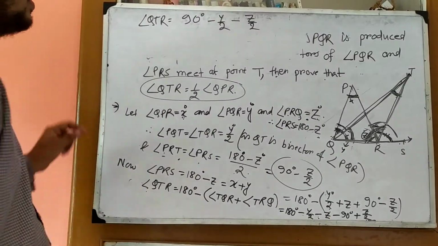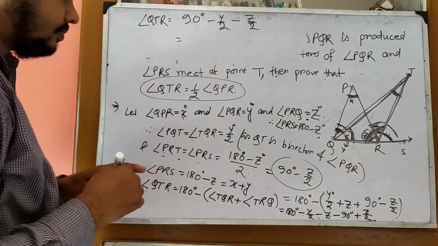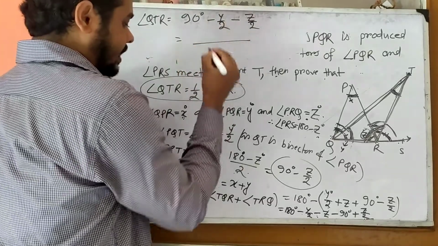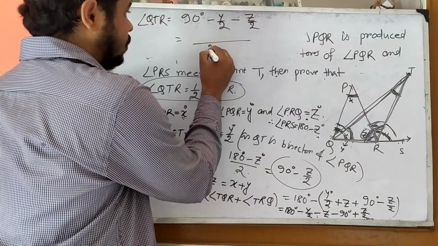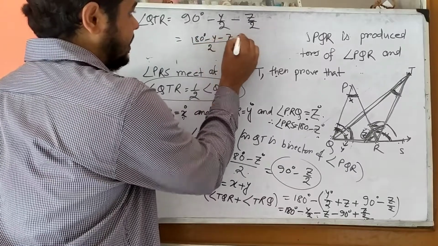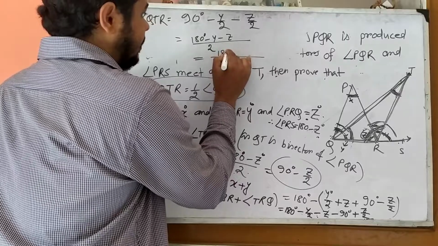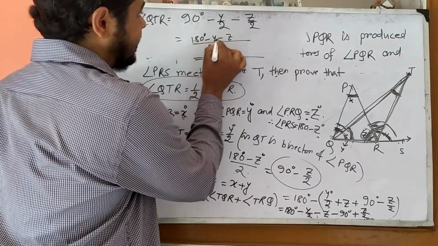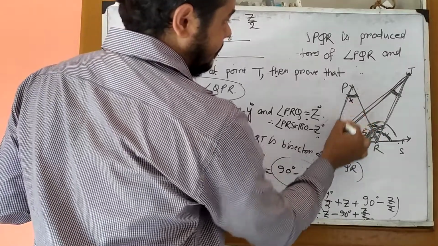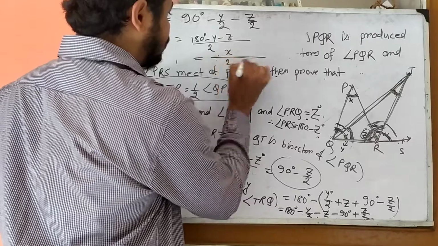Now after taking the LCM, we get (180 minus y minus z) by 2. Now 180 minus y minus z, we can write as x. Why?